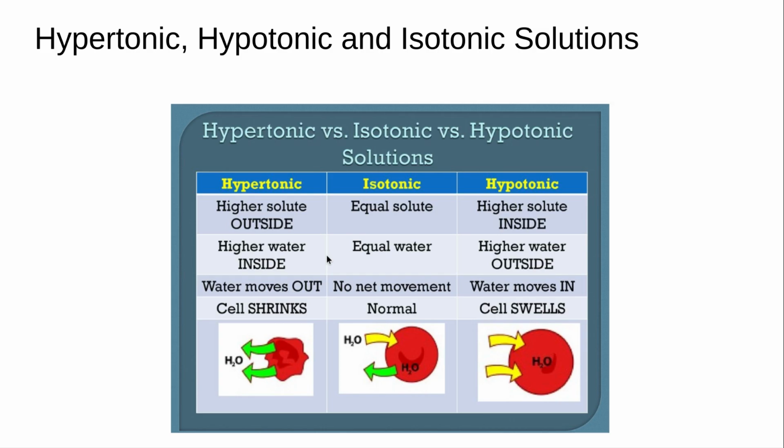until the concentration of solutes inside the cell is the same as the concentration of solutes in the solution that is surrounding it. Therefore, water will keep coming out, causing the cell to shrink.